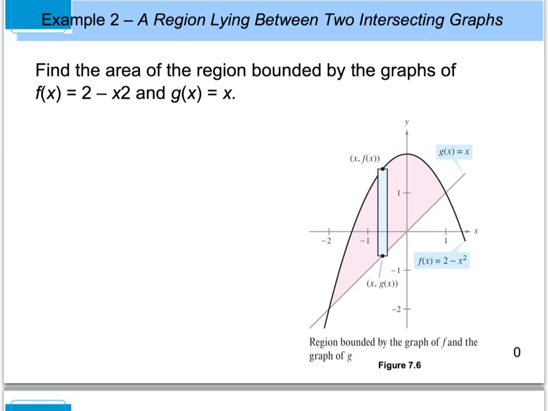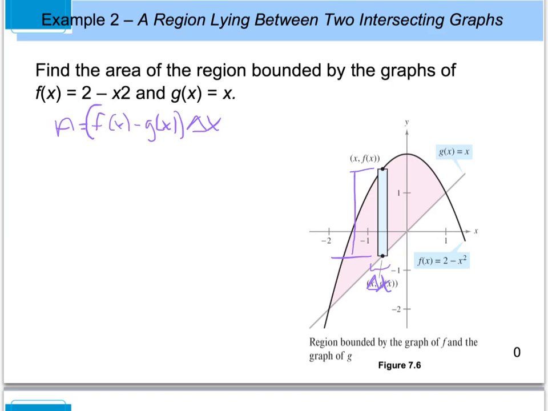So when I find my area, I know that my area of a rectangle is going to be equal to my height, which in this case is this distance here. And I see that my upper function is still my f of x function. So I'm going to have f of x minus g of x, and I'm going to multiply that by my change in x, or my delta x here.